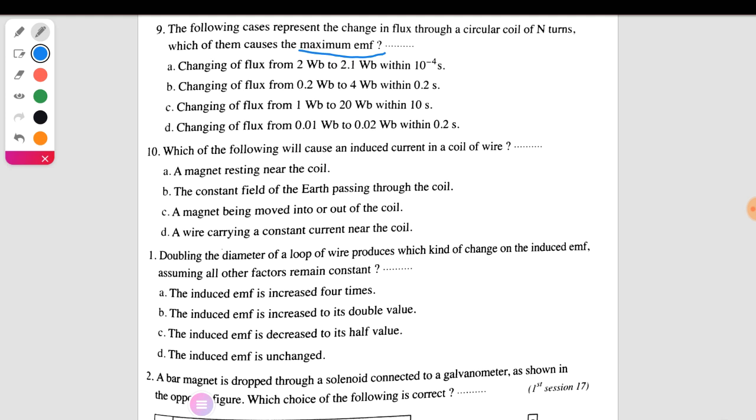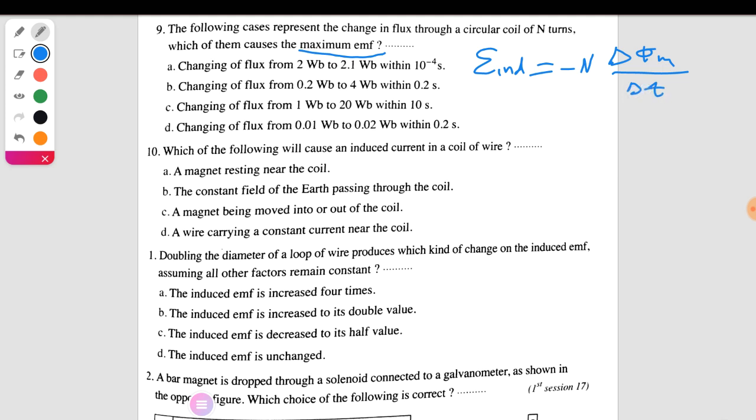Changing flux from 0.01 Weber to 0.02 Weber within 0.2 seconds. Any choice can be applied upon the rule: epsilon induced equals minus N delta phi m divided by delta t.